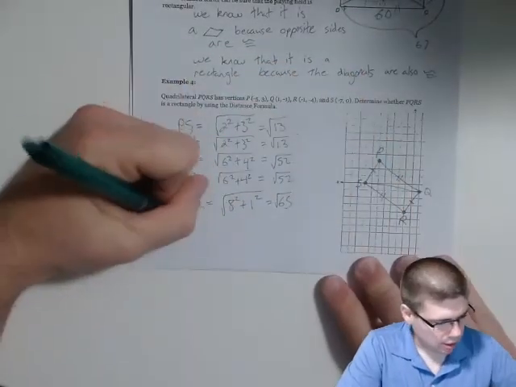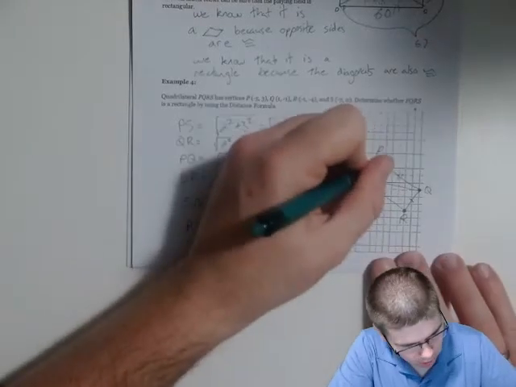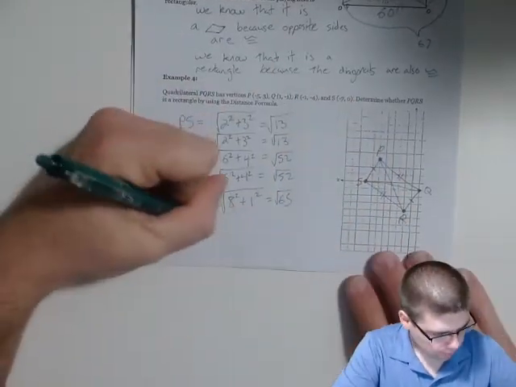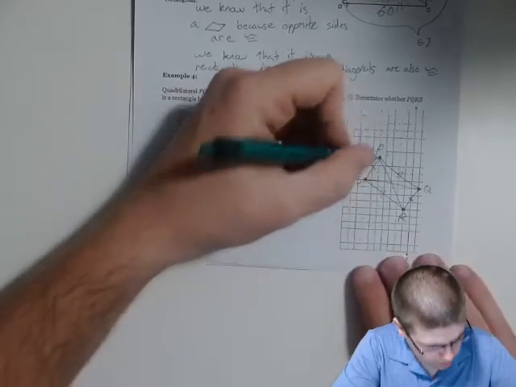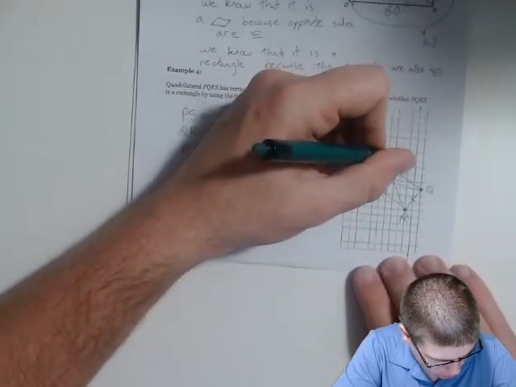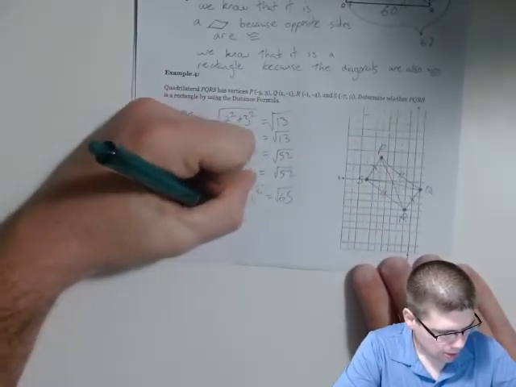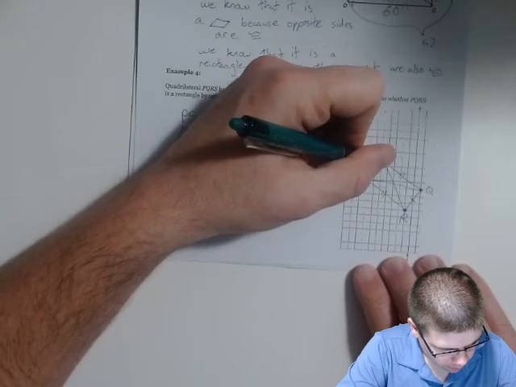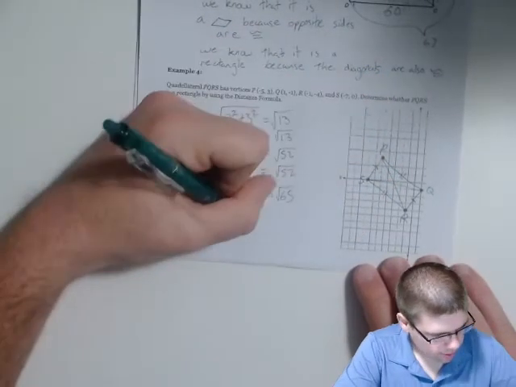And then let's check PR. All right, RP, I wrote the R first. Is that congruent? And so horizontally, we're traveling 1, 2, 3, 4, right? So 4 across, 4 squared, plus vertically, we're going 1, 2, 3, 4, 5, 6, 7.